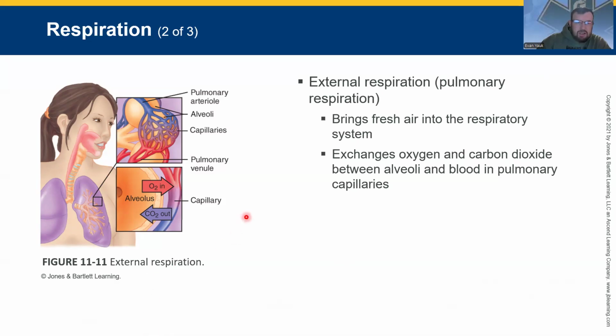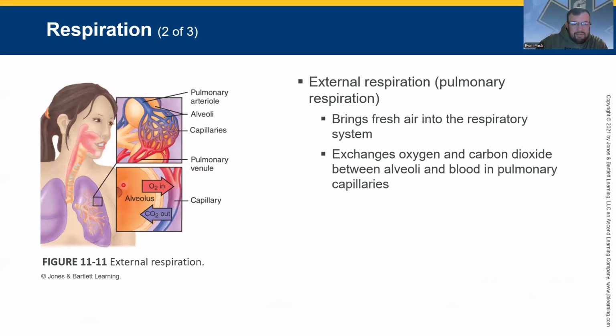So we went over this 1,000 times. The balloons, the little balls, whatever you want to call them, that's your alveoli. This web around them is your capillary beds. You see your pulmonary arterioles right here, this bigger one that falls down into our capillary beds, and pulmonary venules right here. So what happens is that oxygen goes into the alveoli, CO2 is coming out.